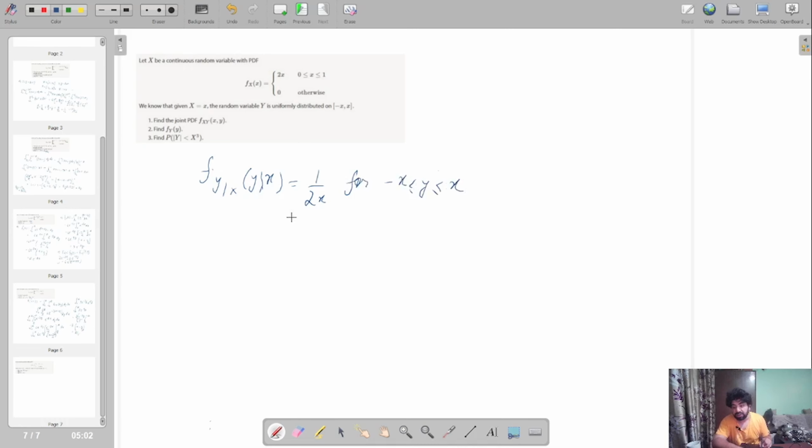This is because Y is uniformly distributed over minus x to x as given in the question, and the length of the interval will be 2x in this case. So we can say the uniform PDF height will be 1/(2x).